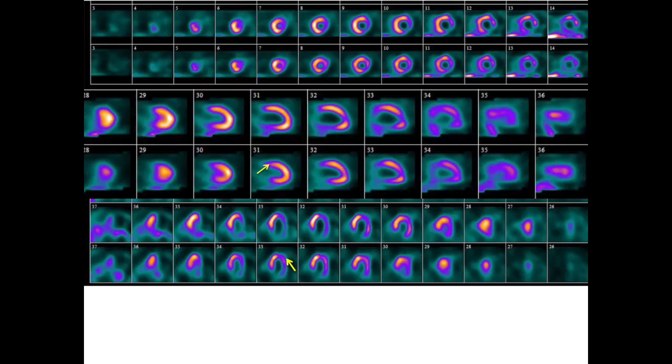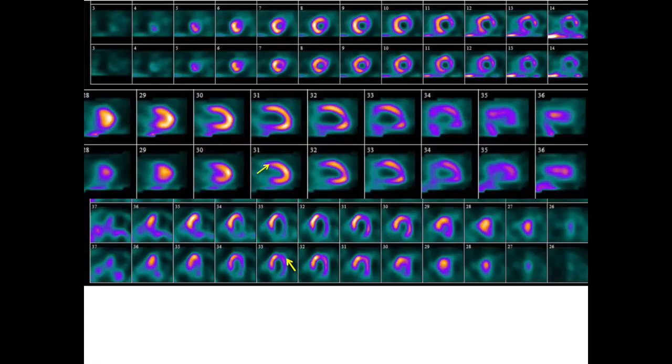And what you could see here is a markedly abnormal stress test. The top two lines are the short axis views. The middle two lines are the vertical views. And the bottom two lines are the horizontal views. The top line in each grouping is stress, and the bottom line is rest.